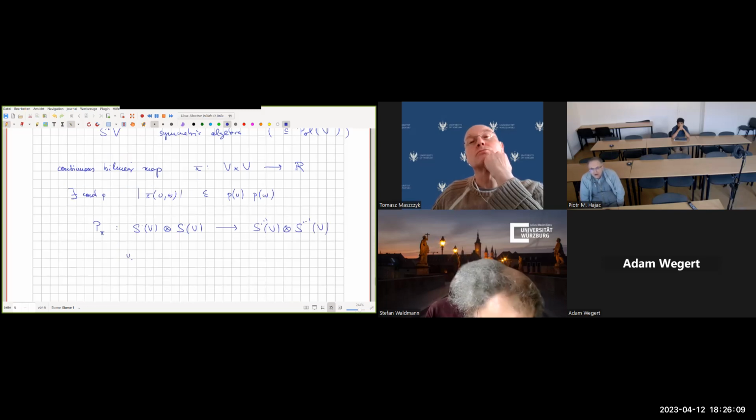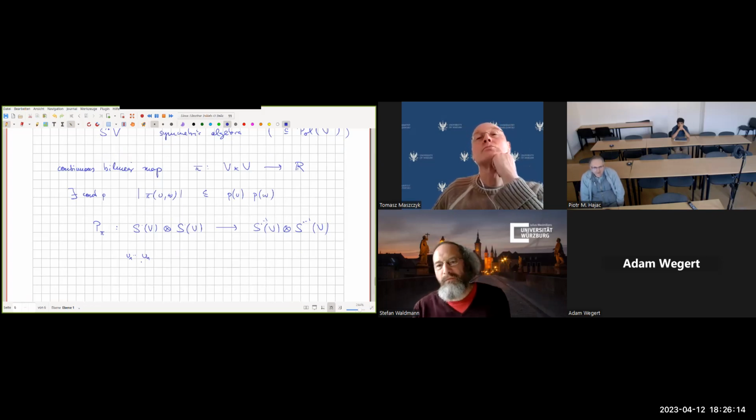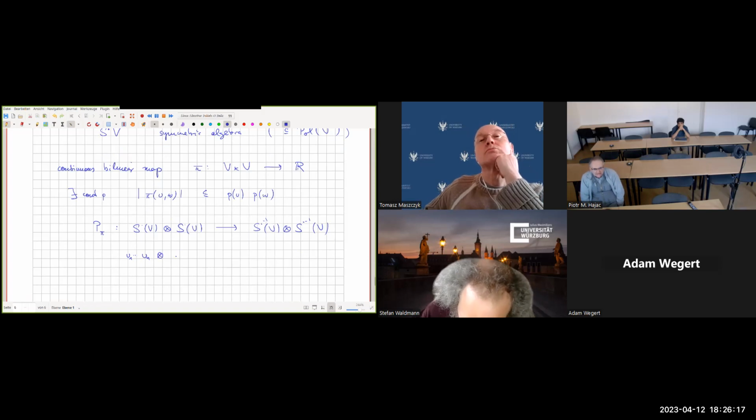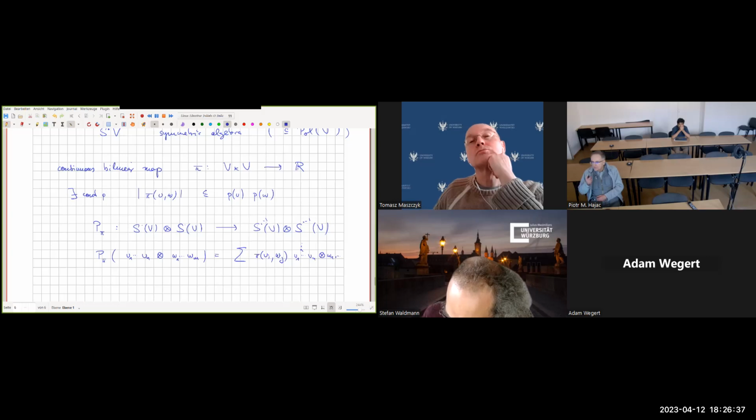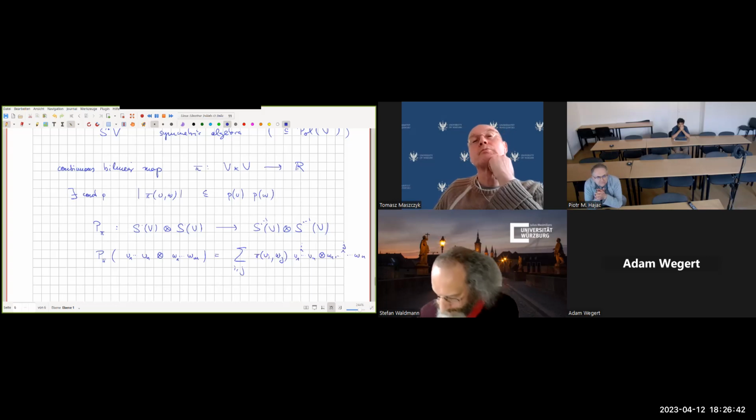So these are symmetric products of vectors in V and W. The operator will be defined as follows. You plug in one of the V's and one of the W's, and you keep the others. So the i-th one is missing here, the j-th one is missing there, and you sum over i and j. That's extended linearly.